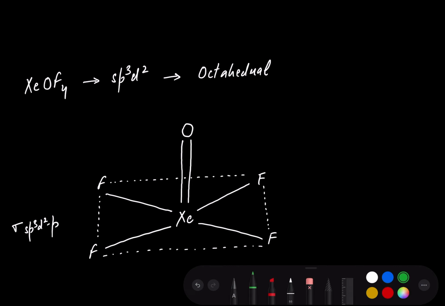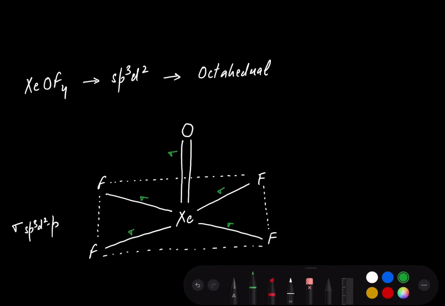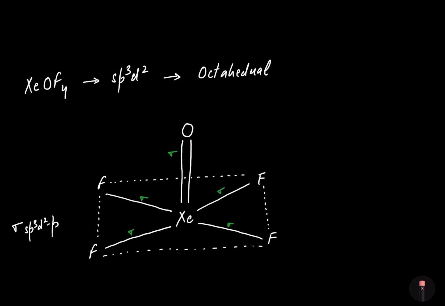So here we are having a total of 5 sigma bonds, the 1, the 2, the 3, the 4 and the 5, and all the 5 sigma bonds are of type sigma sp3d2-p. And we are having the pi bond between the xenon and oxygen which is of the type p pi d pi, because this pi bond has been formed by lateral overlapping of p orbital of oxygen with the d orbital of xenon.